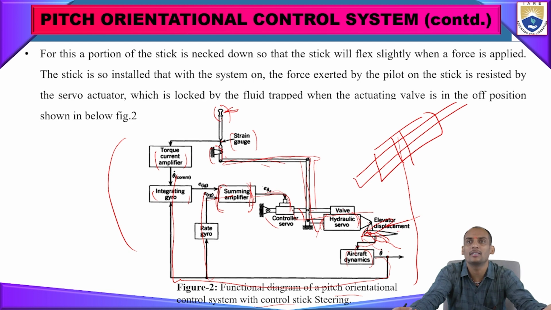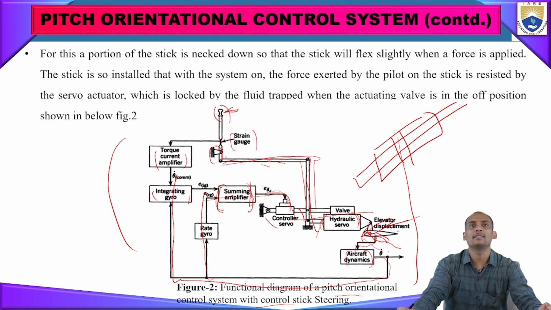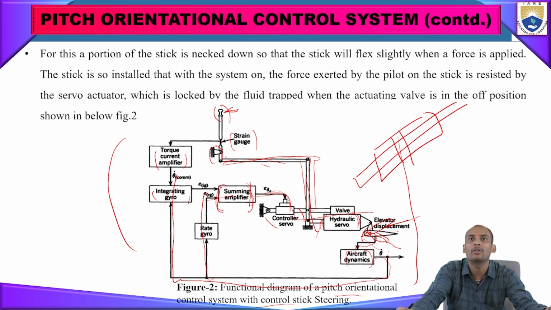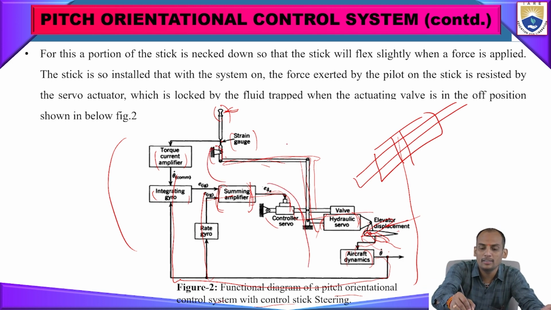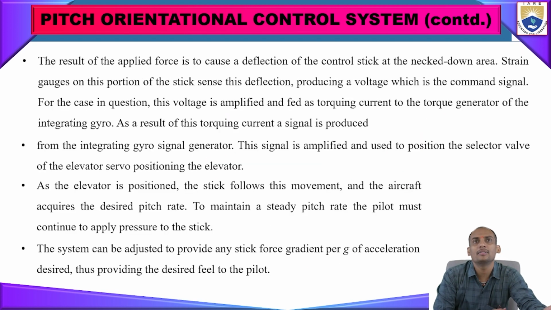The force exerted by the pilot on the stick is resisted by the servo actuator, which is locked by fluid trapped when the actuator valve is in the off position. The electronically operated part is given here, and the mechanically operated part is given here. See here, the resulting force is applied on the control surface.